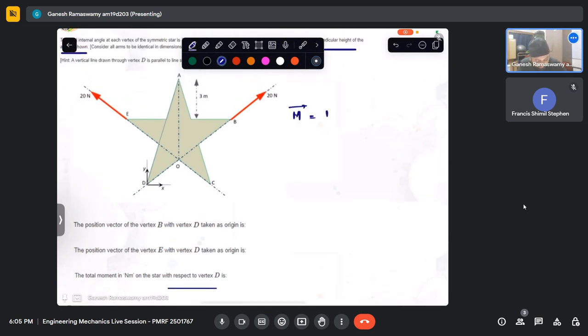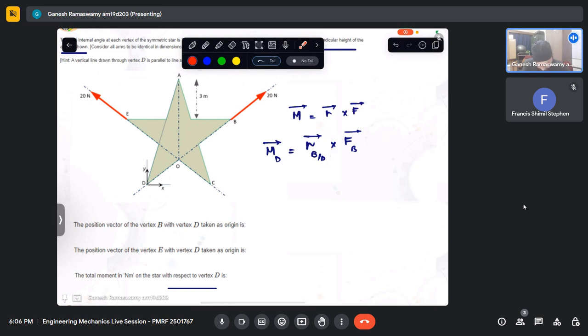It is R cross F. The moment about D, for this force's contribution, will be R of B with respect to D crossed with F of B. Similar for the other case. In this case, I know the force magnitudes already, so all I need to do is to actually take the cross product.